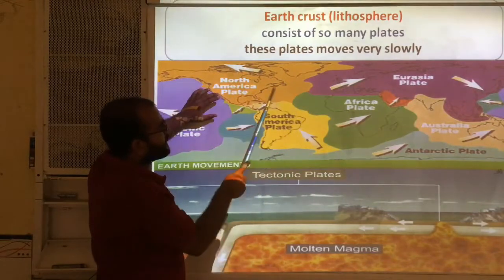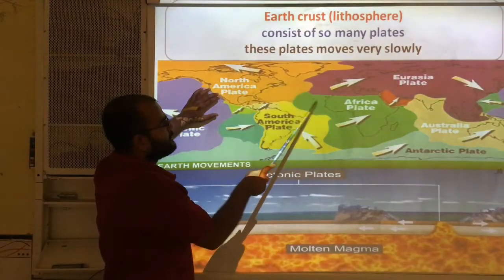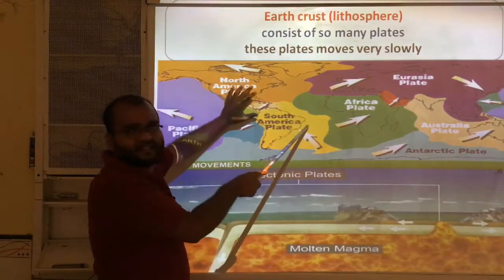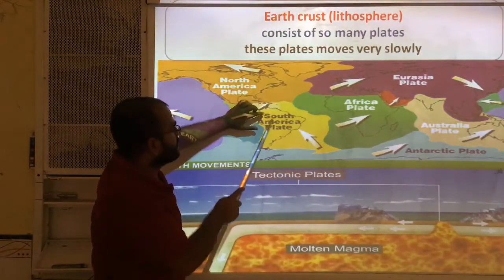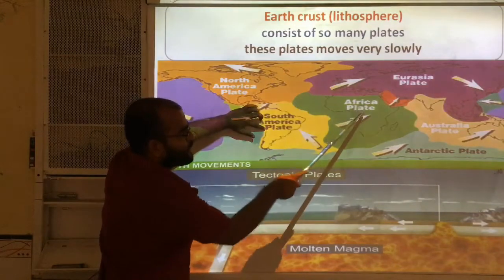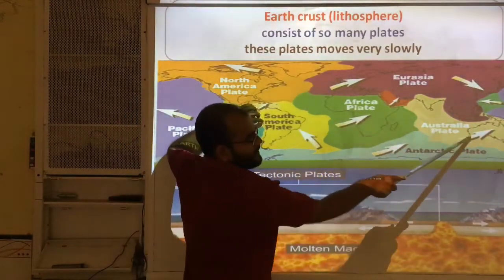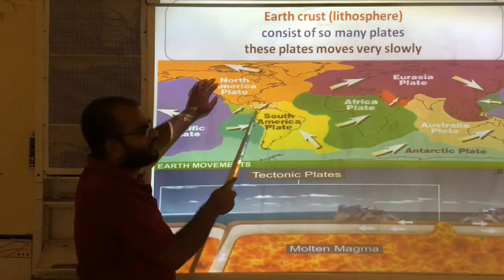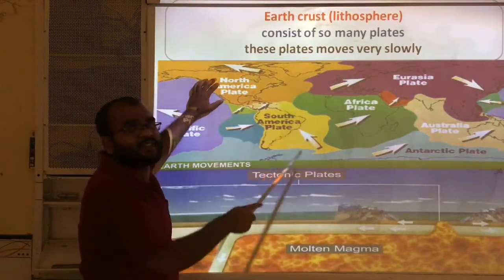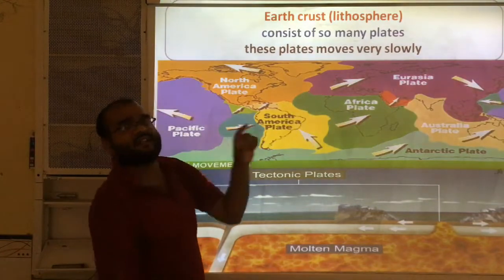You can find different colors, yellow, green, and each color indicates one plate: South America plate, Africa plate, Australia plate, Eurasia plate and North America plate. All these are the plates present on the earth crust.